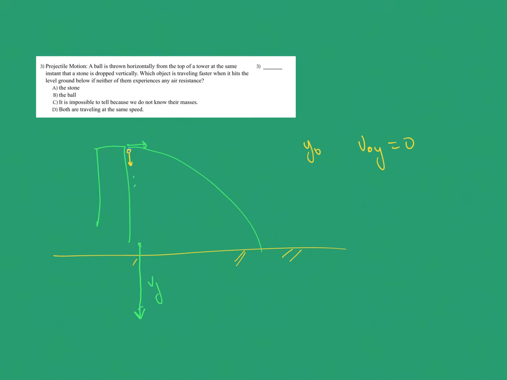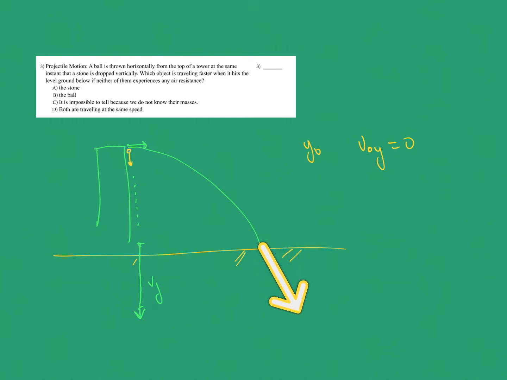The object that is being launched will arrive with a certain magnitude of velocity that is tangent to the trajectory.